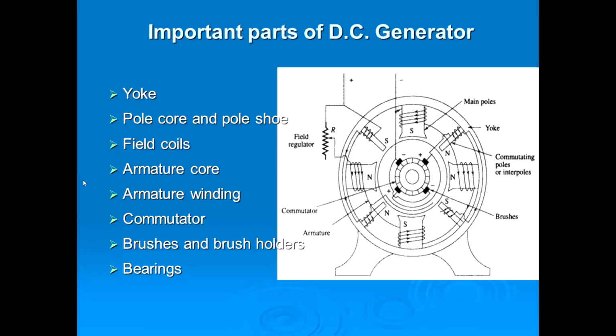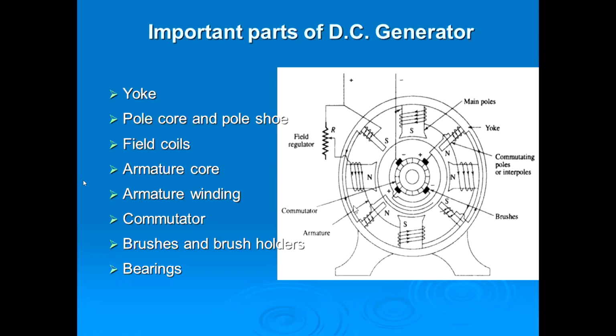Then this is the armature core. And what winding is present in the armature? That is the armature winding. Am I clear?